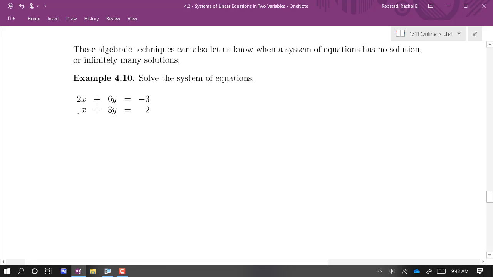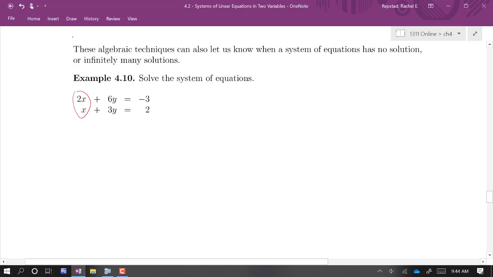On this system, you could do it either way, elimination by addition or substitution. I'm going to go ahead and pick elimination by addition. I'll notice that in the top equation, looking at the x's, I've got a 2 and a 1.